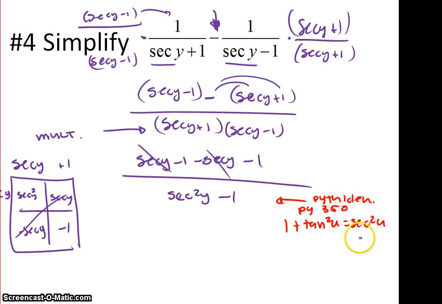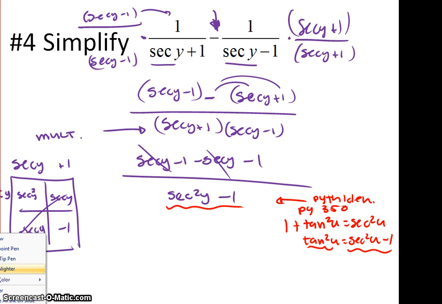If we rewrite what I have in red to look like what we have in purple, by subtracting 1 to the other side, we see that tangent squared u is secant squared u minus 1. So I'm going to replace this denominator with tangent squared u.